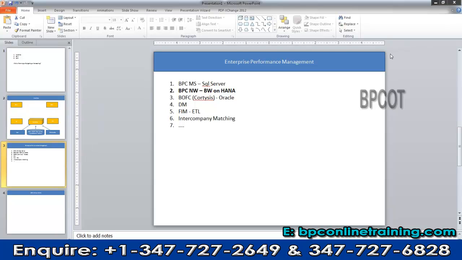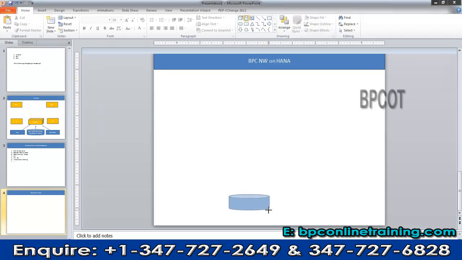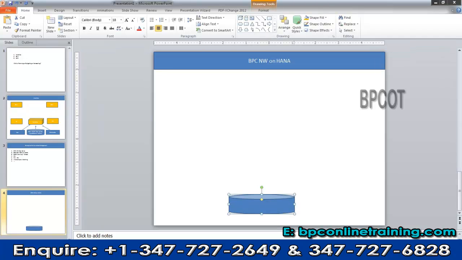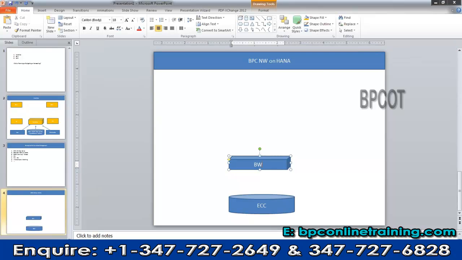What do I mean by BW on HANA? Let's write. Now I have, as I said, my SAP systems and non-SAP systems. The particular data is loaded to BW. This is BW.